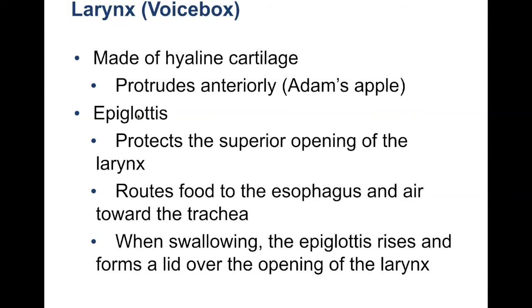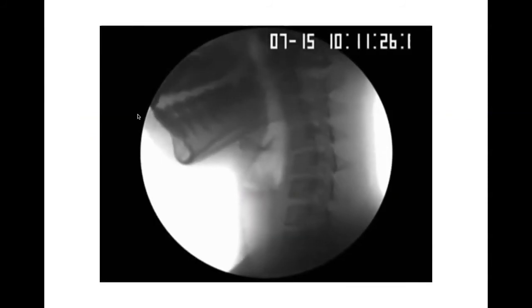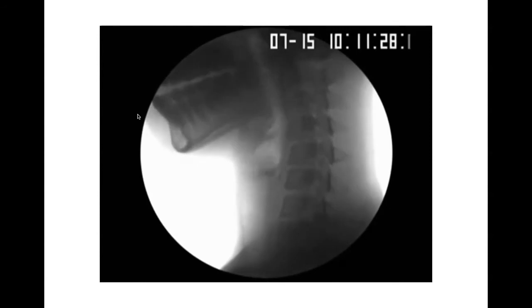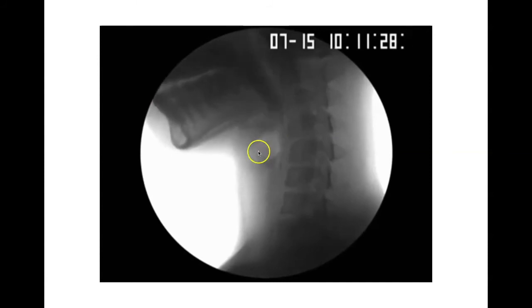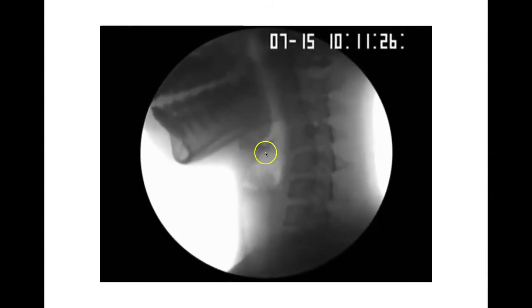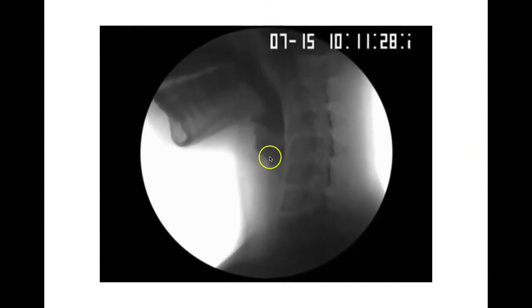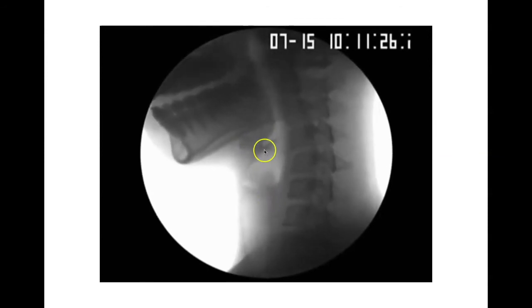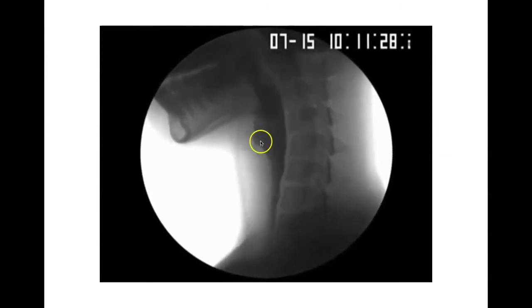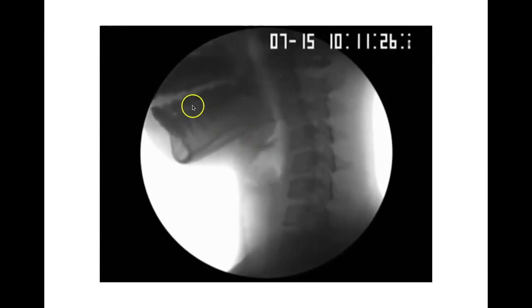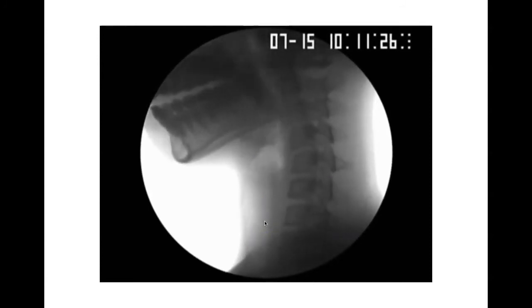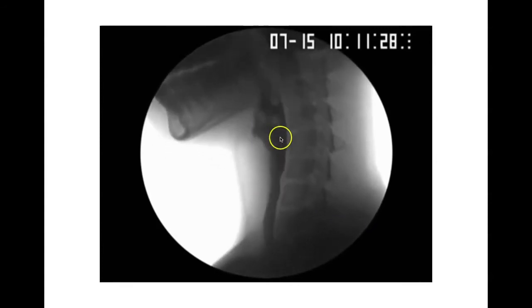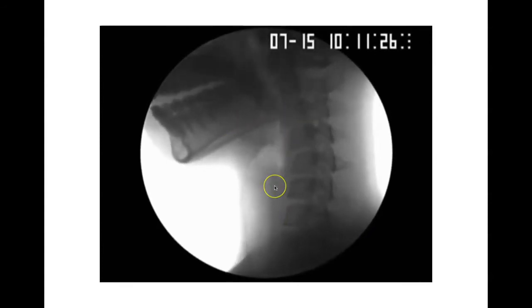They're not actually wrong about that, because what's happening is as we drink or swallow, this little flap right here should close. That's our epiglottis. And as you notice here, that's exactly what happens. So the larynx moves up and the epiglottis closes over it to make sure that this fluid does not travel down the larynx and into the trachea, but it keeps going down the esophagus instead.